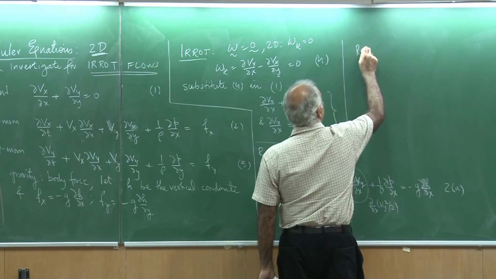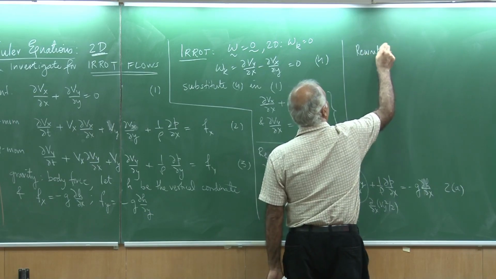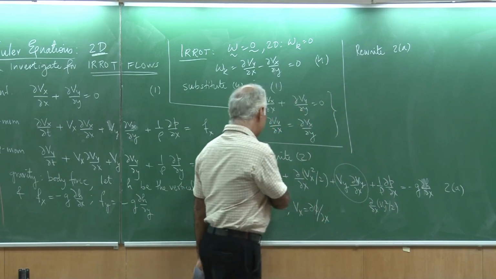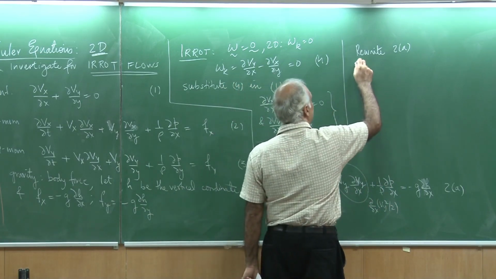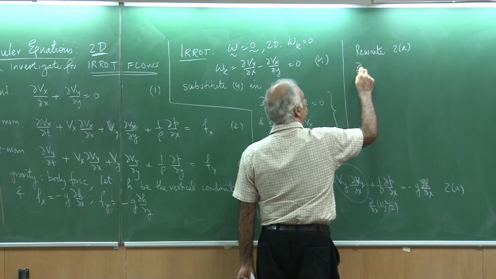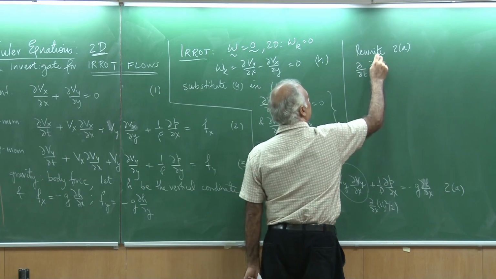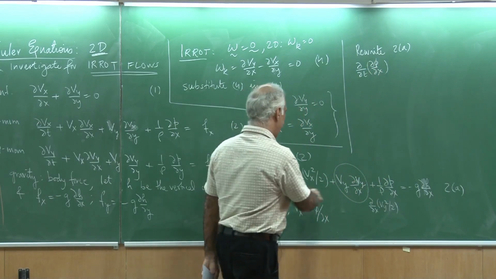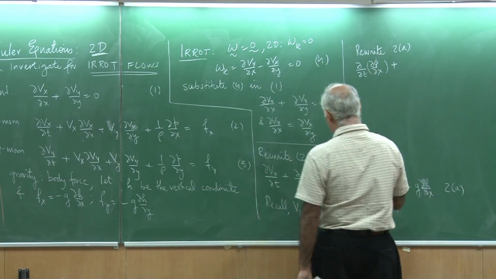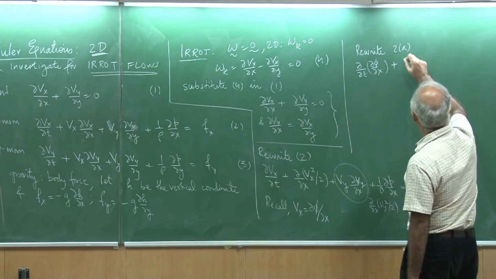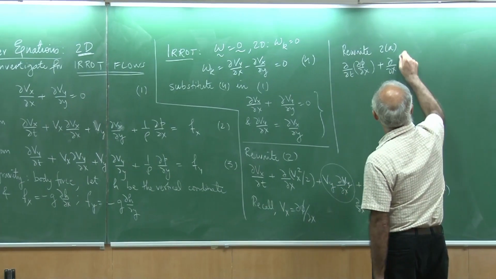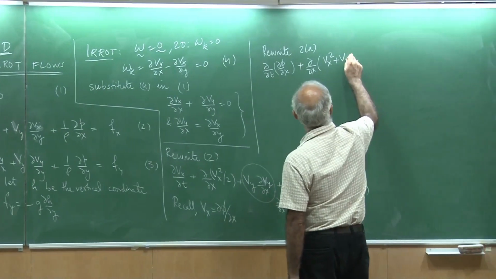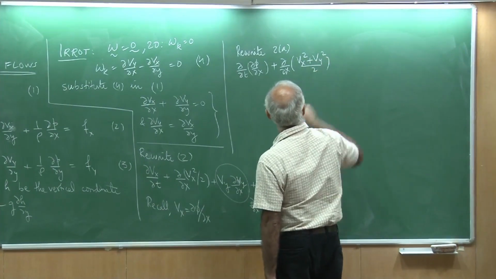So, rewrite 2a as, so the first term I will write this as del by del t of del phi by del x, and these two terms I will combine and I will write them as del by del x of Vx square plus Vy square by 2.